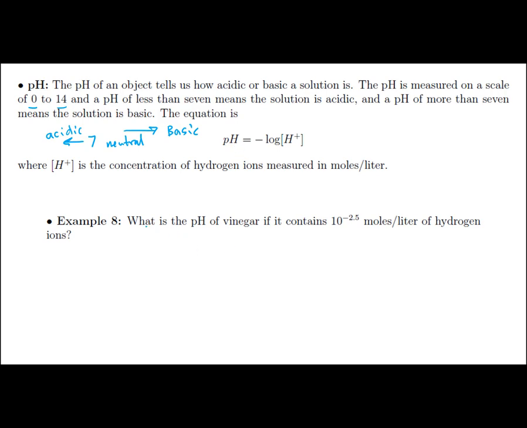So in example 8 it says, what is the pH of vinegar if it contains 10 to the negative 2.5 moles per liter of hydrogen ions? Now, vinegar is very acidic, so what we're expecting is something less than 7. And that's exactly what we're going to get, because when I plug in 10 to the negative 2.5, let's remember that the common log means there's a base of 10 down there.